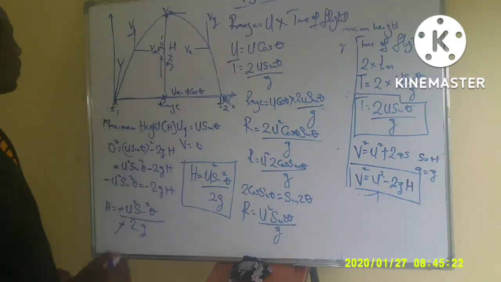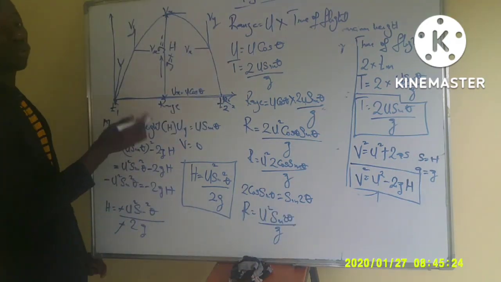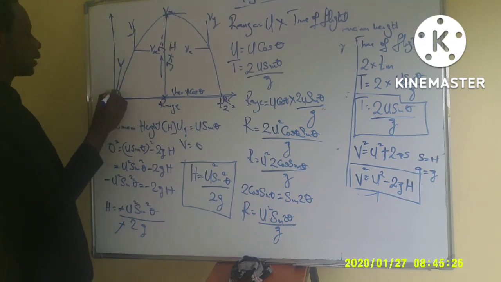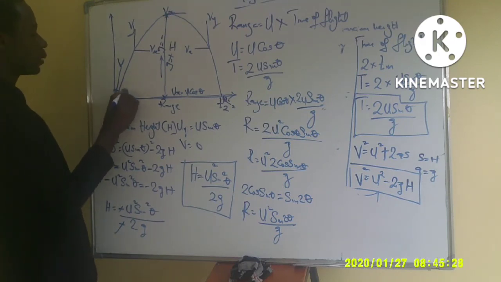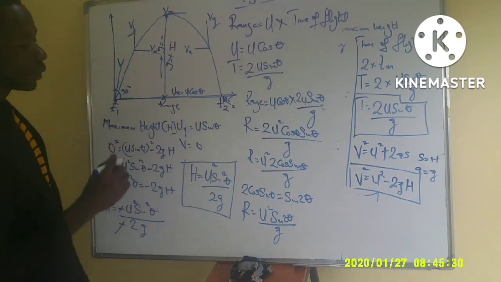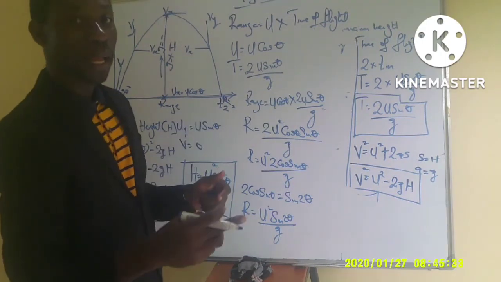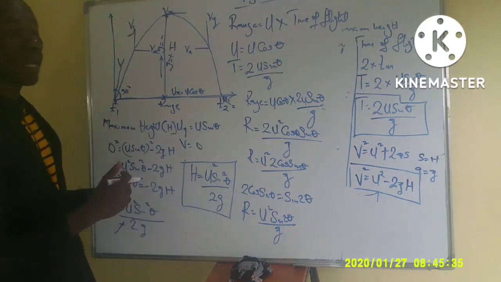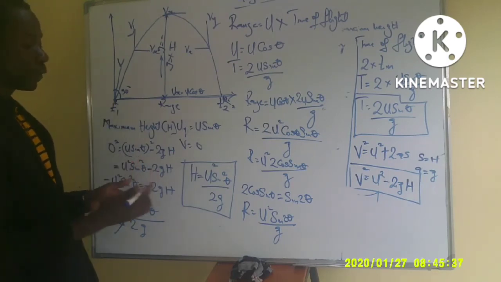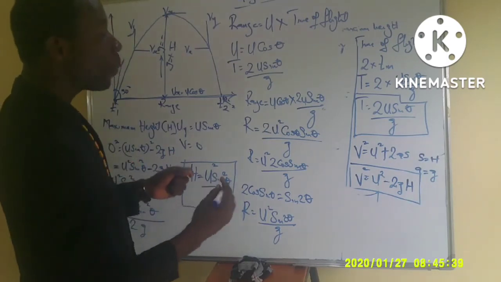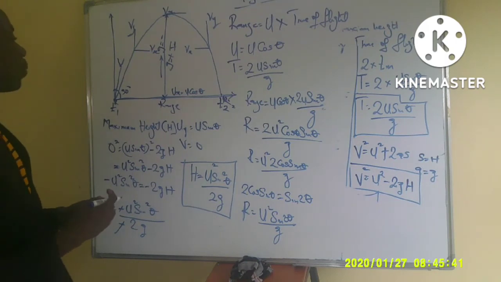Remember, the maximum value of the angle 2 theta is 90 degrees, that is 45 plus 45. So at what point do you get the maximum range?